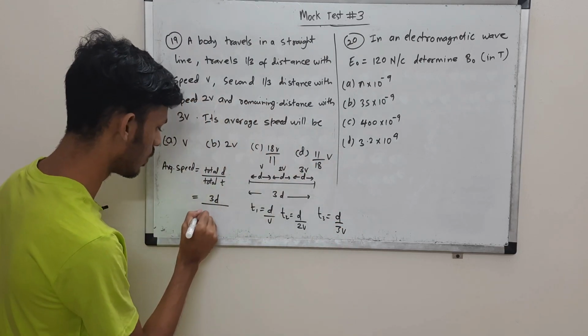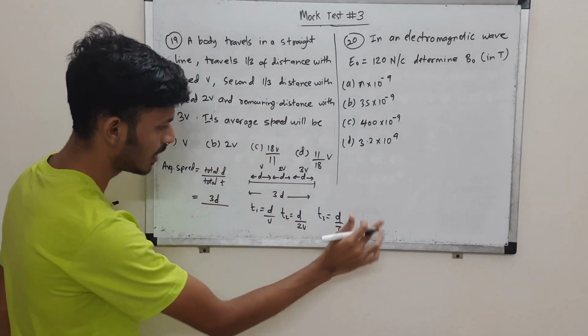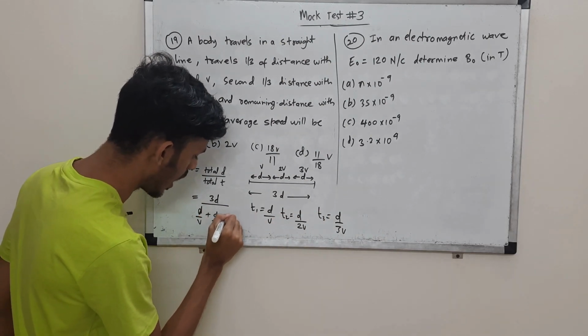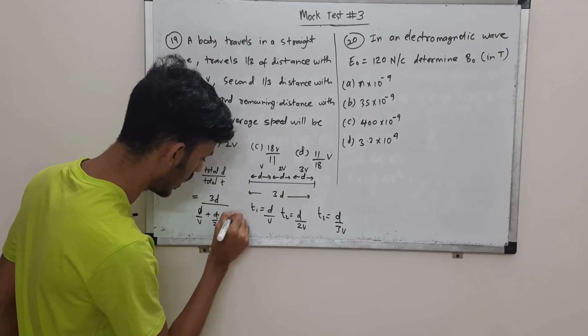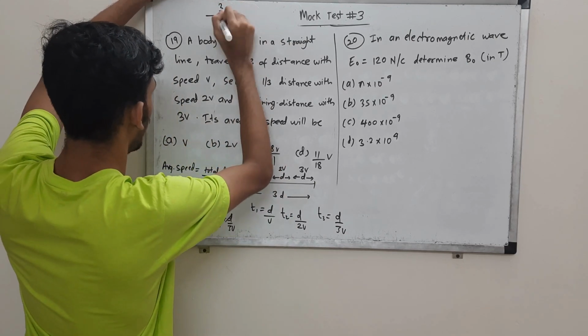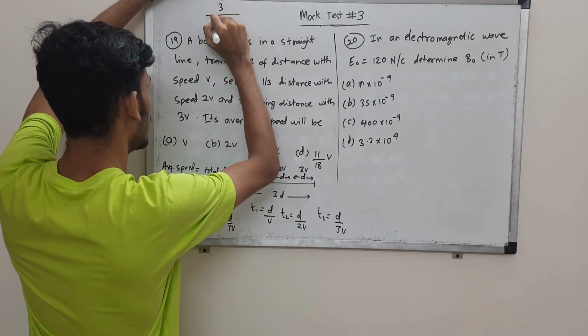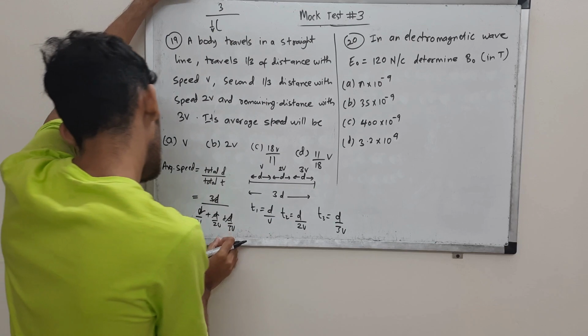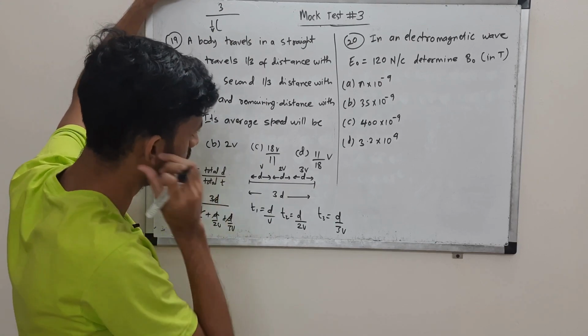Now let us solve it. The total time is the sum of d by v, d by 2v and d by 3v. d will get cancelled, and in the numerator we have 3. Let us take the LCM for the denominator. We can take 1 by v common, so 1 plus half plus 1/3.